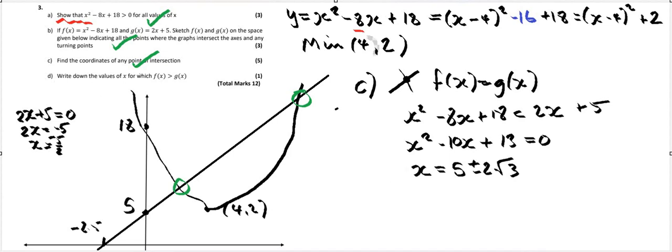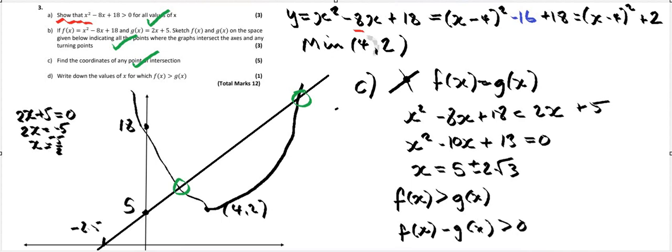Right, now the last one, D. Write down the values for which f of x is greater than g of x. Now, what we've done is we've made this into a quadratic. If f of x is greater than g of x, that means that f of x minus g of x has to be greater than 0.